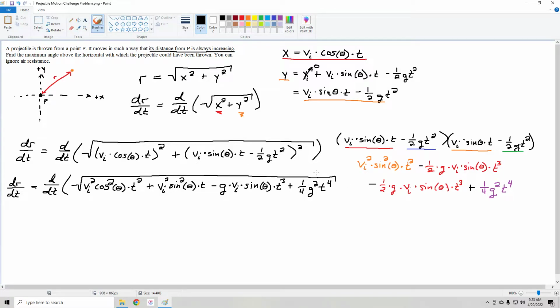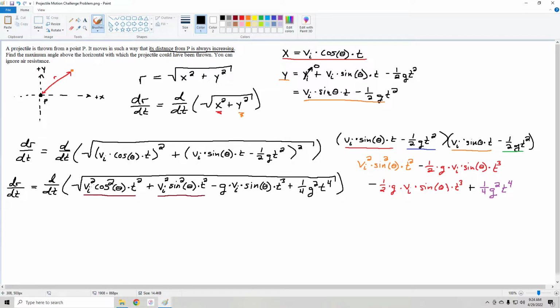And if you pay close attention to what's inside of the radical, we have something very important. We have this quantity here and this quantity here. Oh, I actually forgot a squared on the t. Forgive me there. They both have t squared in this quantity.